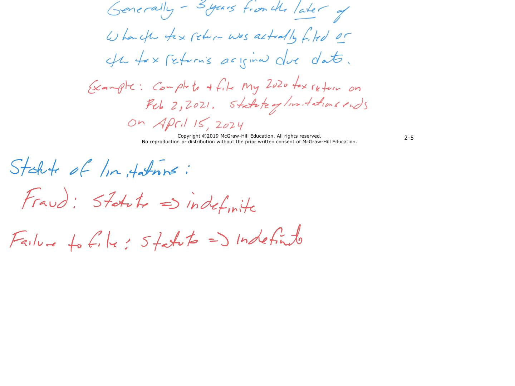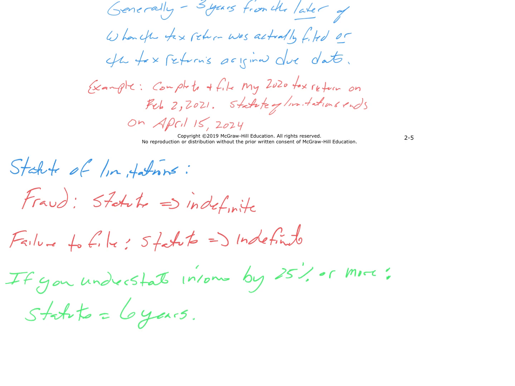And that is if you understate income by 25% or more. If you understate income by 25% or more, your statute of limitations is 6 years.